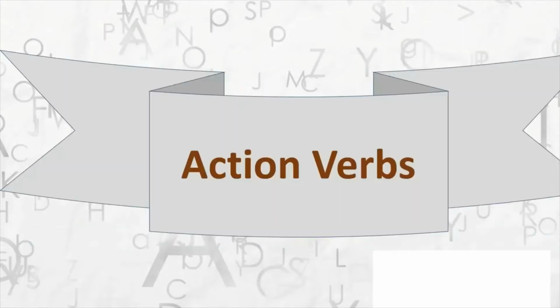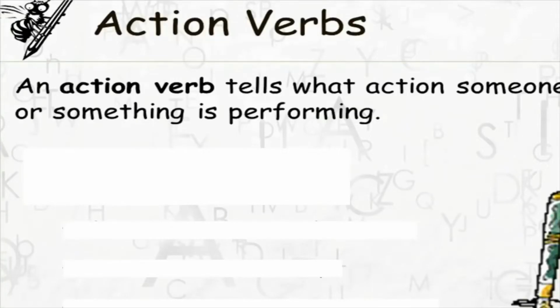So let us start by understanding what are action verbs. An action verb tells what action someone or something is performing. The word verb itself brings into our mind a picture of something happening, an action. In Hindi, we say kriya.